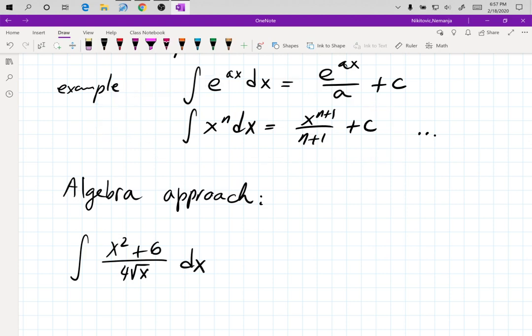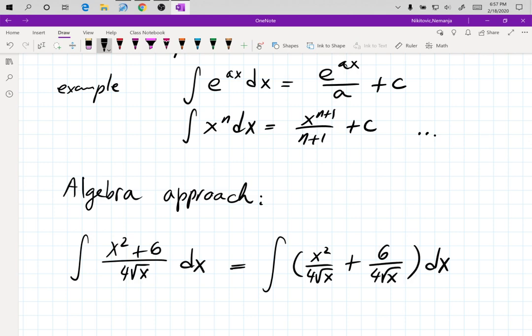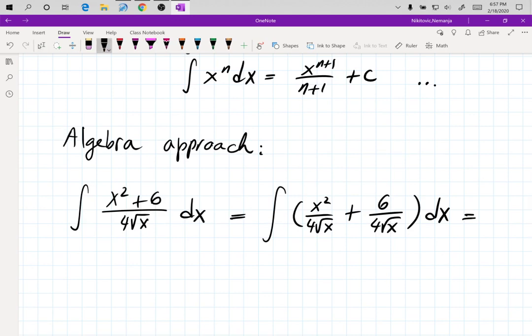Let's see. If I split this into 2 fractions, I get x squared divided by 4 root x plus 6 over 4 root x dx. We can do this because plus was in the numerator. You have a 4 root x as common denominator, so you can split this.